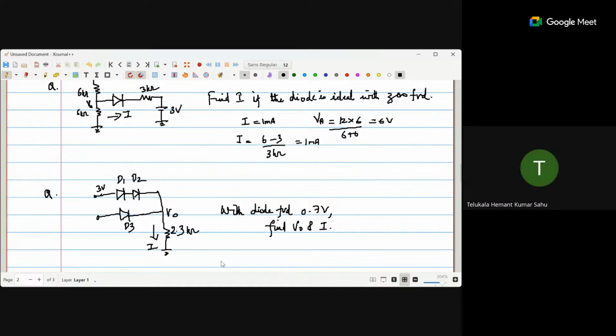Both are 3 volt, na, ma'am? Yeah, both are 3 volt.